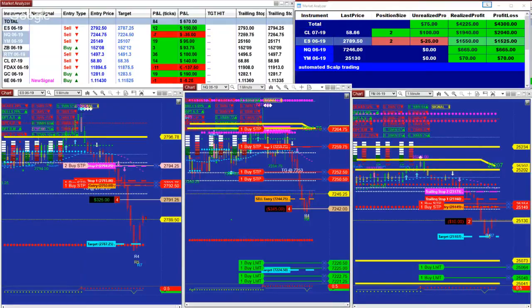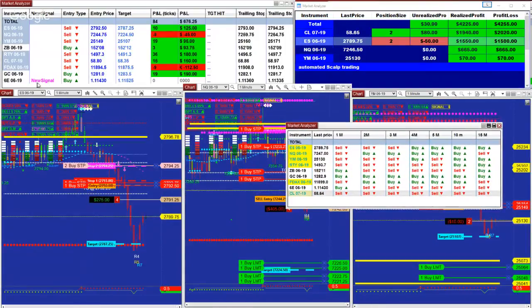And every time I'm trying to find a way to simplify it for this guy, maybe there is a new signal on the future for euro dollar. I mean, there is no indicator for that, and there will never be an indicator for that.